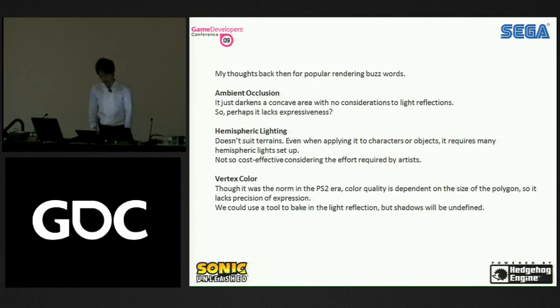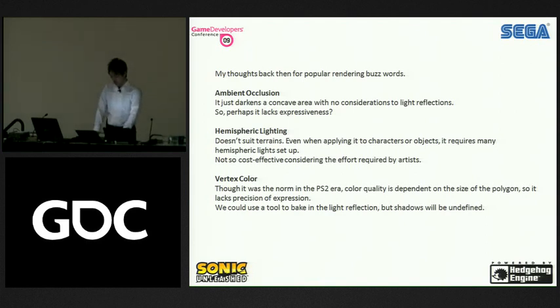So let me go off track a little bit here. In 2005, the keywords for real-time CG back then were listed here, but I had some thoughts about this, so let me talk about that. The first keyword that we heard a lot was ambient occlusion. It just darkens a concave area with no consideration of light reflection, so perhaps it lacks expressiveness.